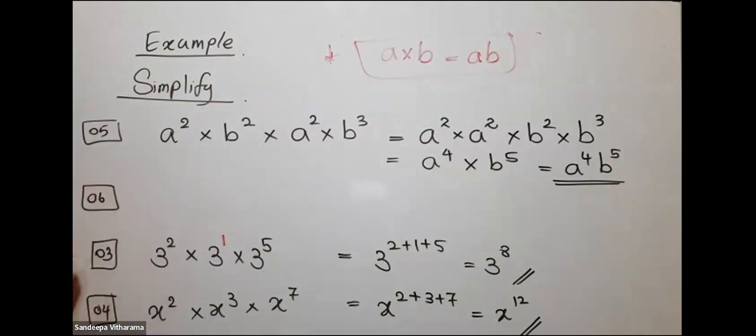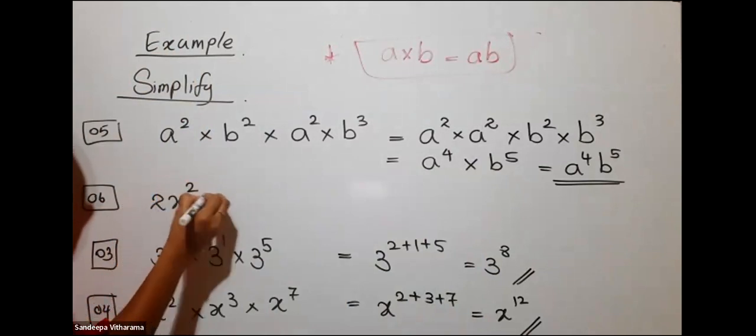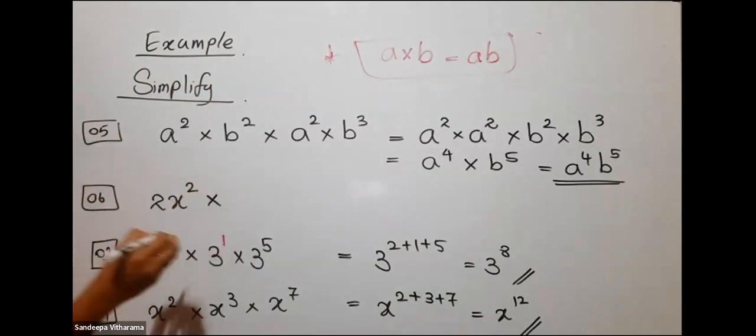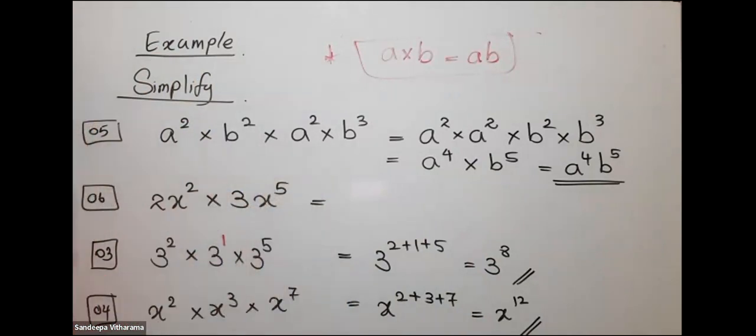Sixth one, it is 2 times x to the power of 2 times 3 times x to the power of 5. I'll try to obtain the answer for this one.